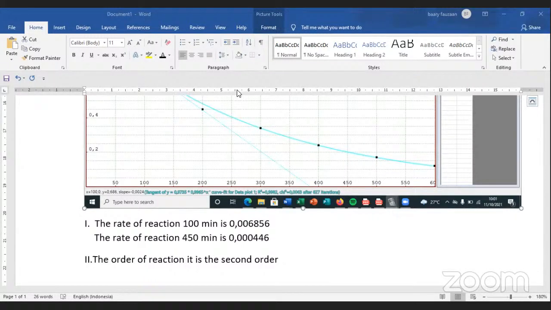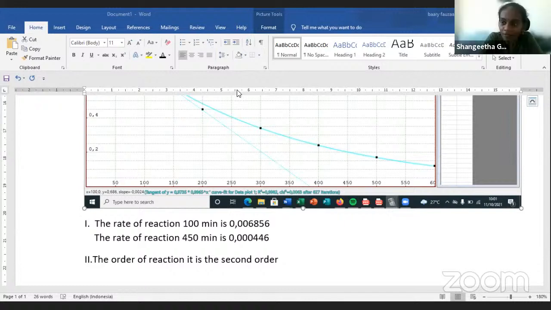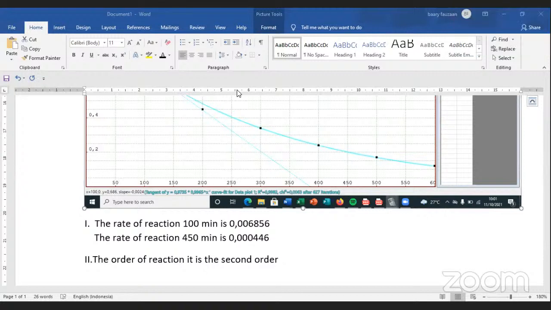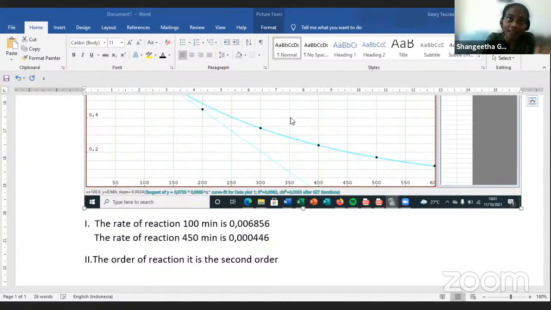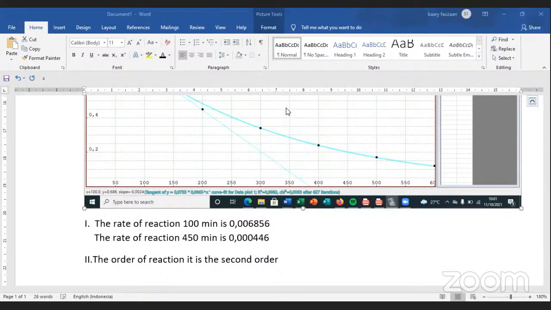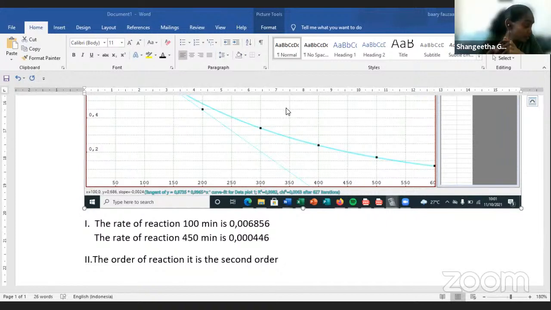Because T half is ln 2 over K for a first order reaction. If your T half just now is slightly different, like I said, it should be 180 and 190, you can take an average of that value. Then you can use that to find K.